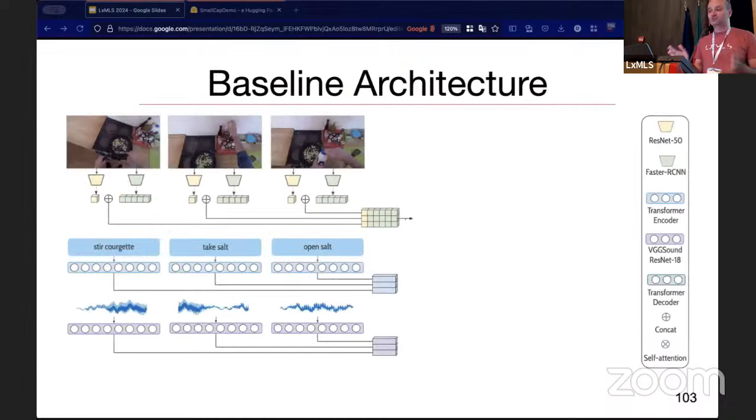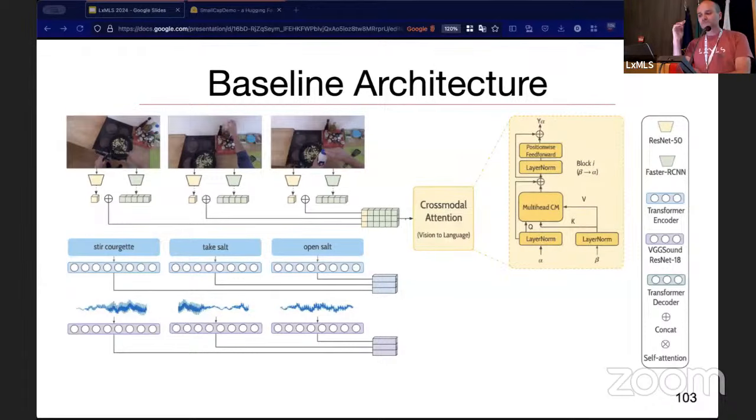And our baseline architecture is pretty straightforward. So we have modality-specific encoding of the data. It could be that we have VGGSound to process the audio data. It's not speech. We have a transformer encoder to process the textual inputs, and then we also have a ResNet 50 and a Faster R-CNN to get objects and visual features from the image.